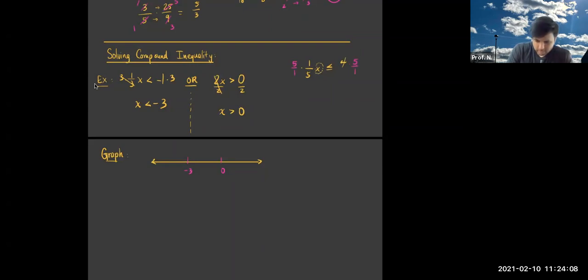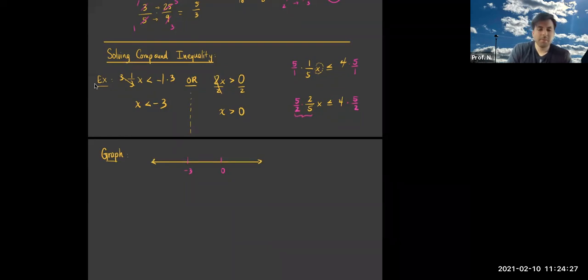So if this was a 2, right? Very good question. If this is a 2, what would be the difference? I'm going to multiply by the reciprocal. I multiply by the reciprocal of the fraction.